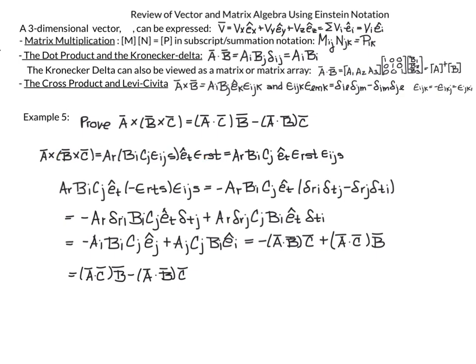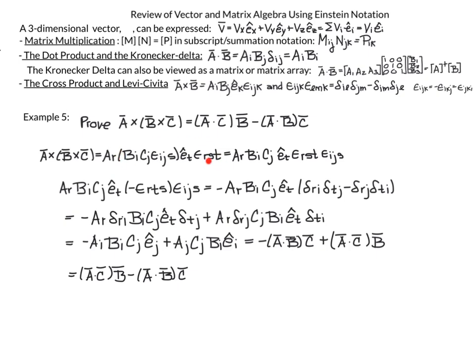So please take a look, because this is not actually just one single step. There's a couple of things going on in here, in particular how we simplified the epsilon ijk and the epsilon klt. So this kind of got simplified down. So do take a look.